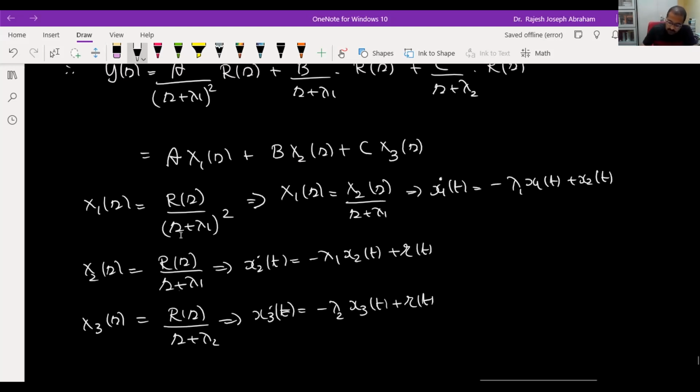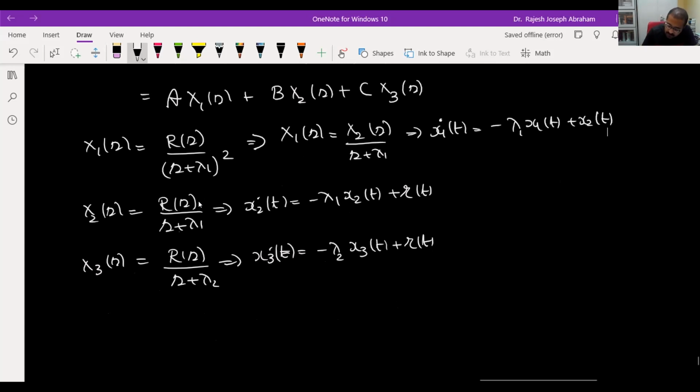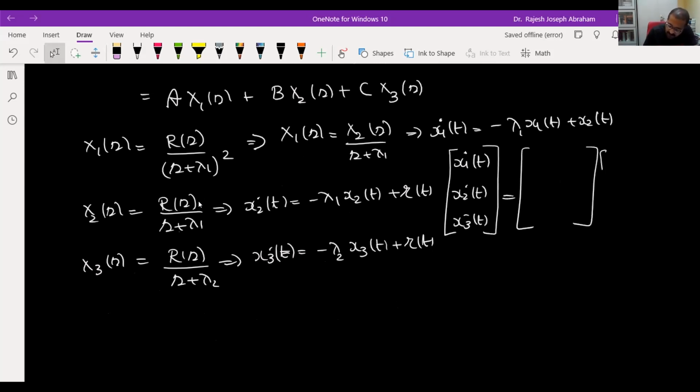So let us formulate this thing. Again, now x1 dot t, x2 dot t, x3 dot t must be equal to some matrix into x1, x2, x3 plus b into r. What is x1 dot?